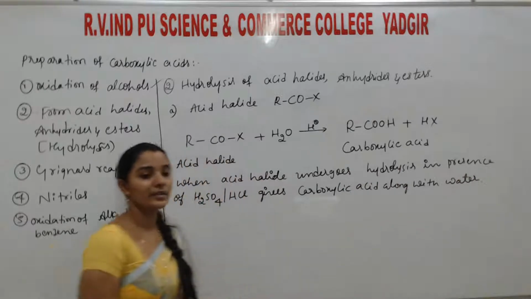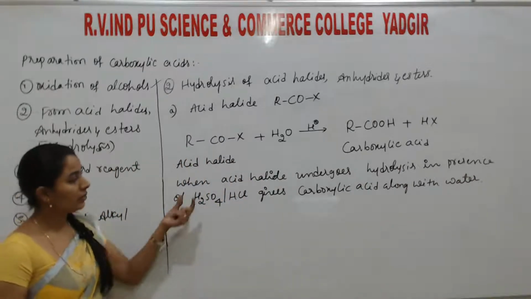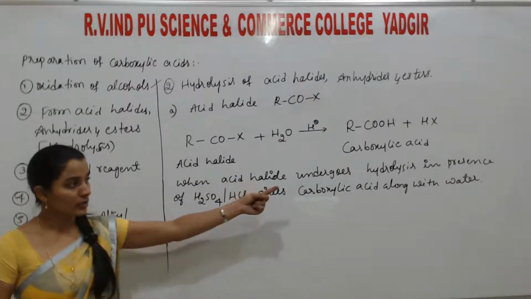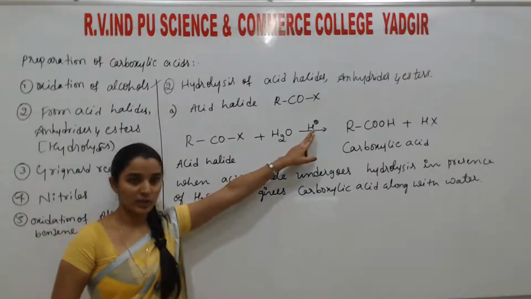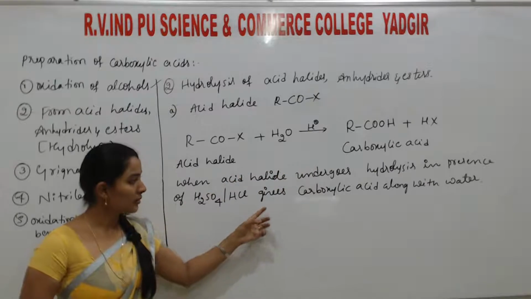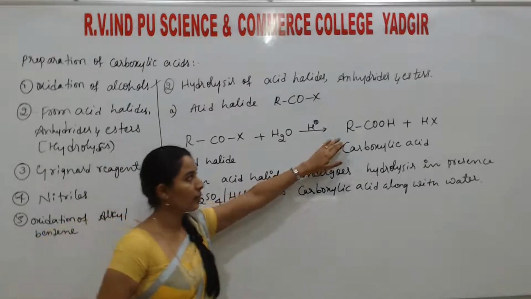This is the explanation. When acid halide undergoes hydrolysis in presence of H2SO4 and HCl, H plus ion, it requires, gives carboxylic acid. Here the product.